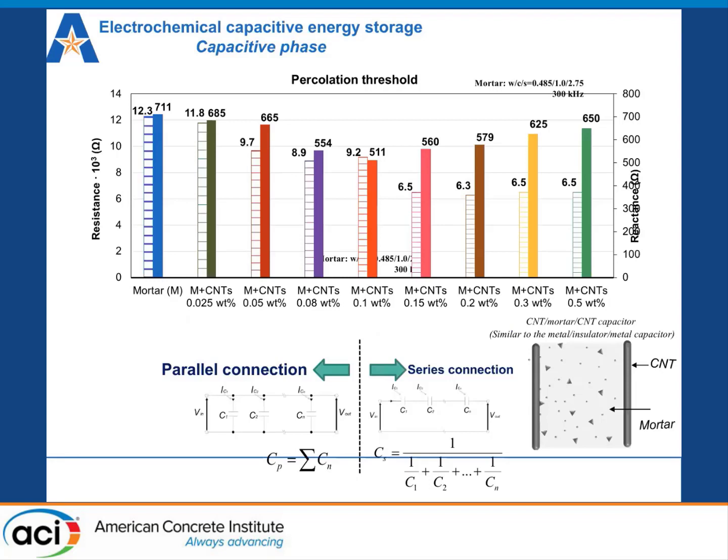However, we observe a different trend for the imaginary part of the impedance, the reactance. For CNT loadings above percolation, while the real part of impedance decreases and conductivity increases due to the established nanotube pathway, the values of the imaginary component of impedance increase with the CNT content.